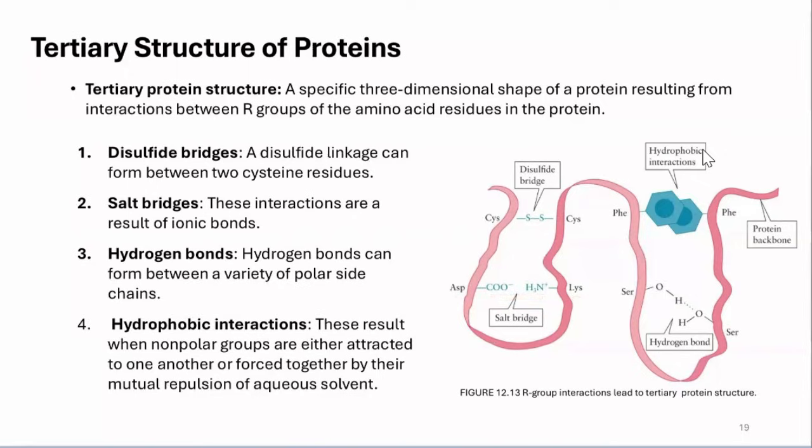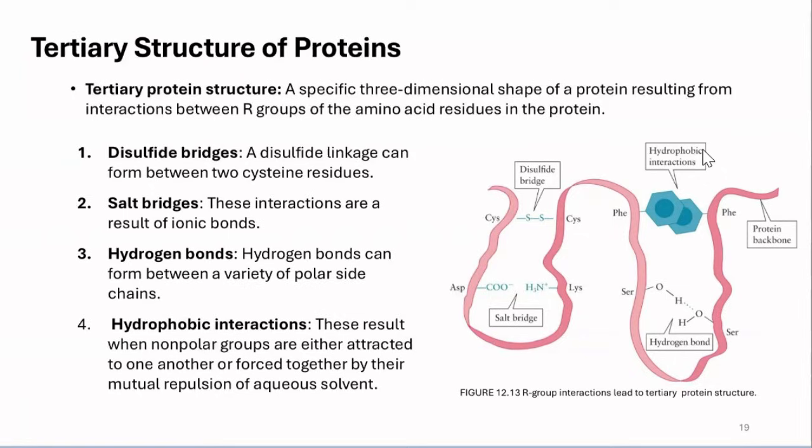We can have hydrogen bonding events happen between the side chains of amino acids. So you can imagine if you have amino acids that by definition have a hydrogen connected to oxygen or nitrogen, and it is in the presence of another side chain that has oxygen or nitrogen, then hydrogen bonding events can result.